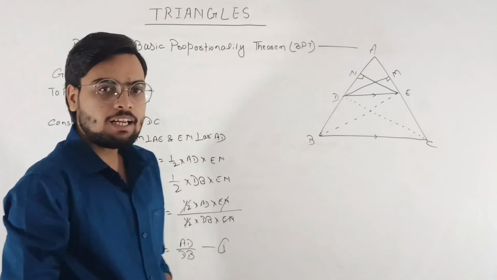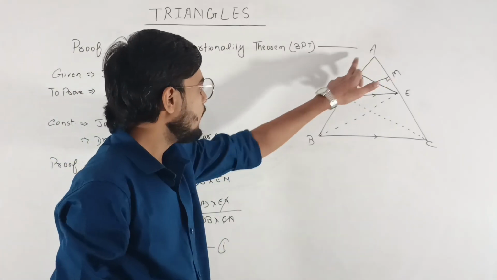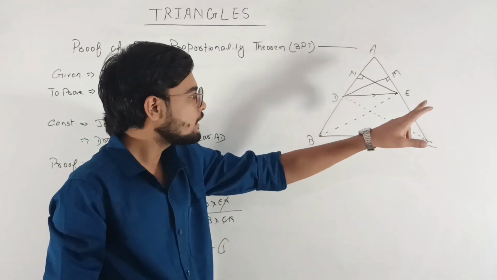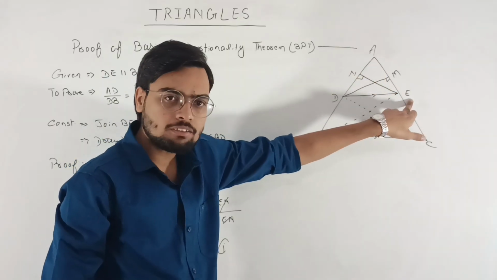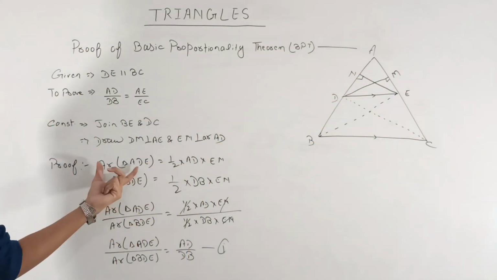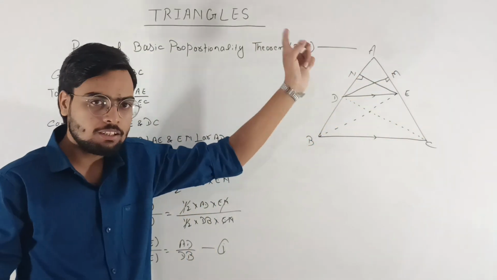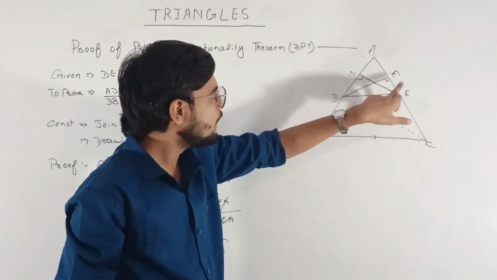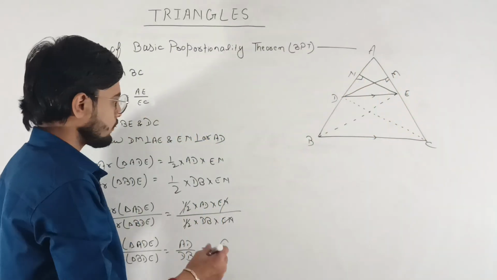Now after this, again I find the area of triangle ADE. Now in this case I take AE as base. When I found area of triangle ADE the first time, I took AD as base. Now the second time I take AE as base. Okay.